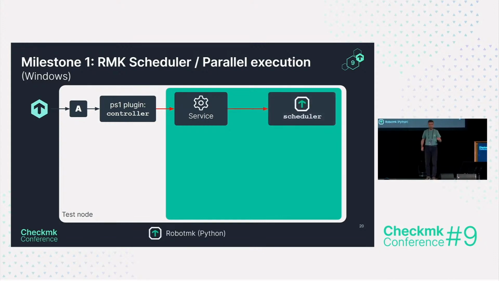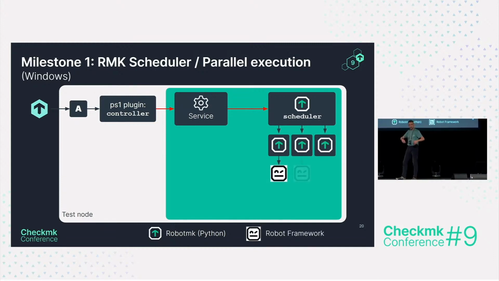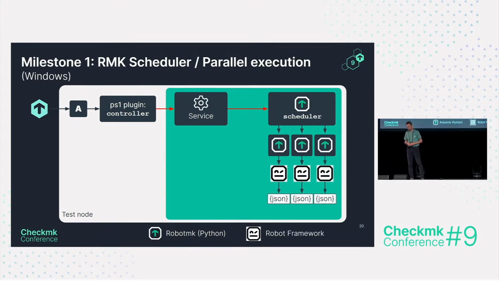And this, the Python part of Robotmk, in turn will start itself in suite run mode for the individual suites in individual intervals. And in each of these sub-processes, Robot Framework will run and produce the result files at a defined location.